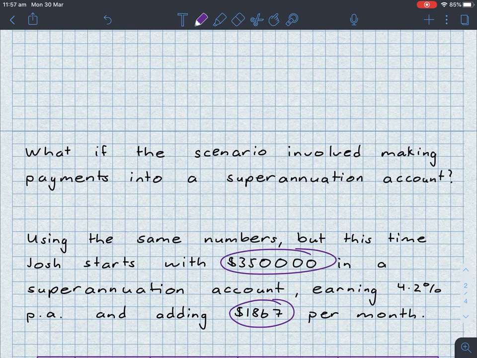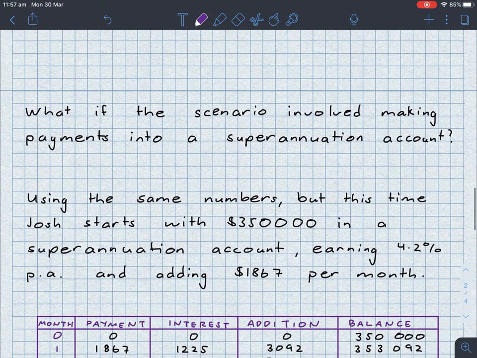So this time, instead of paying off $1,867 a month from a loan, he's adding that money on top of the money that he started with. So he's saving up this money and he's adding more and more on each month. So what happens in that case is our first amount of interest is going to look exactly the same because it's just 0.35% of the original. But now, instead of a reduction of the loan, what we're doing is we're adding money on.